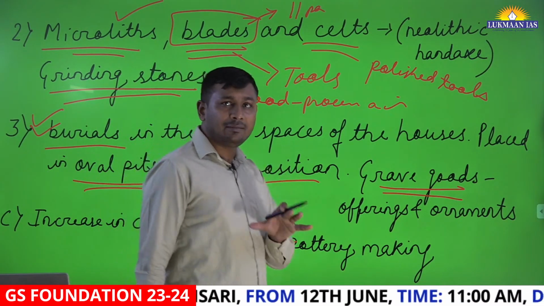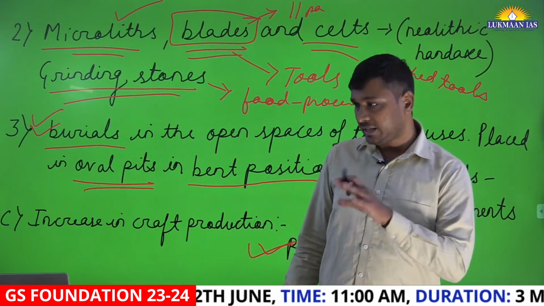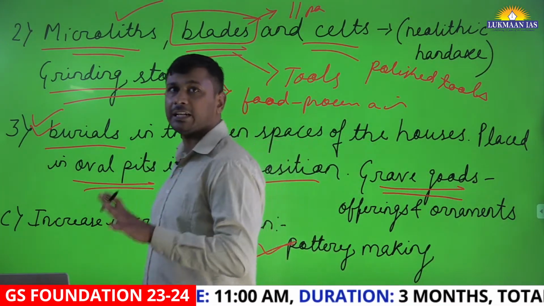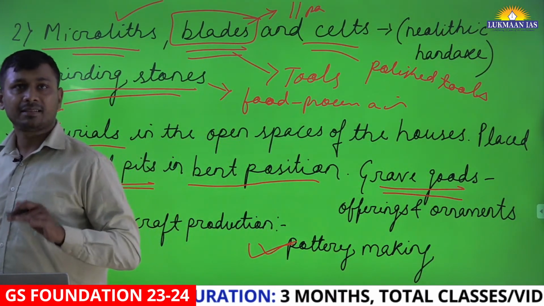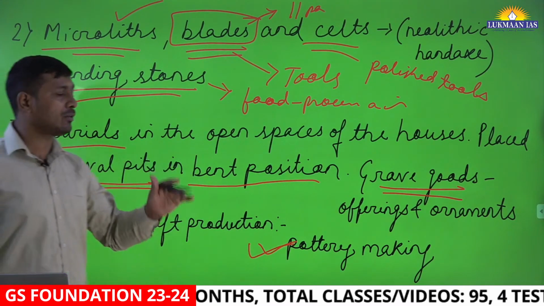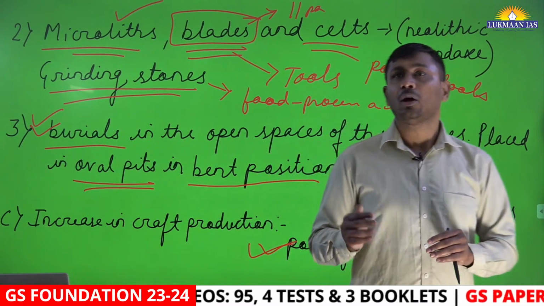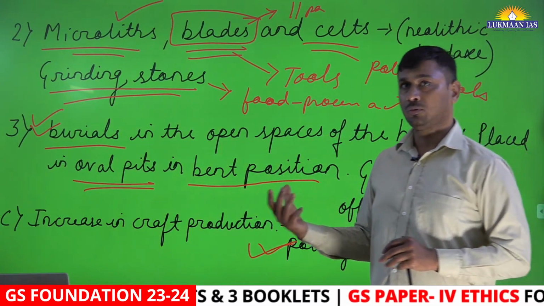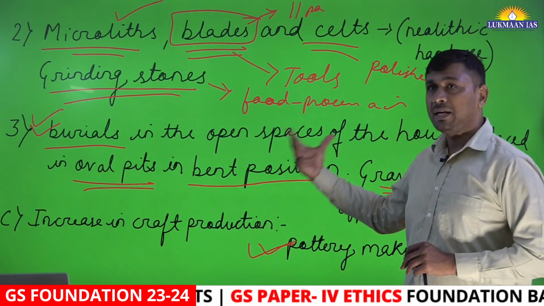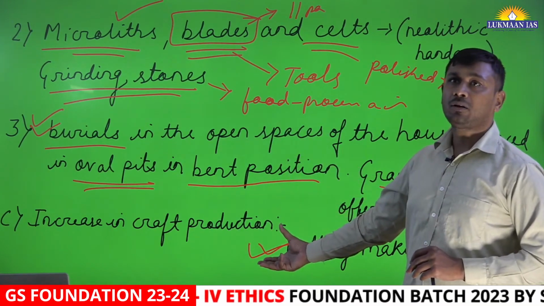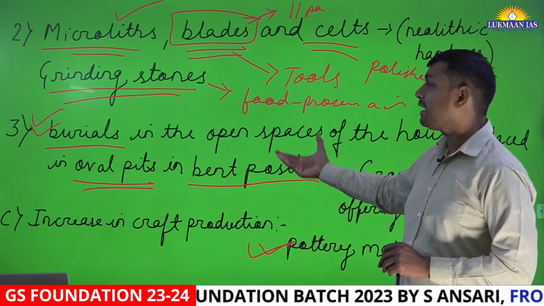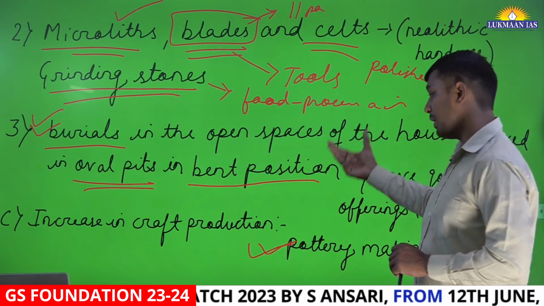Some of the levels of Mehargarh give evidence of painted pottery. At the same time, some levels are contemporary with the Chalcolithic period, and we find polished pottery also. So both painted, colored pottery and polished pottery are available at the site of Mehargarh.